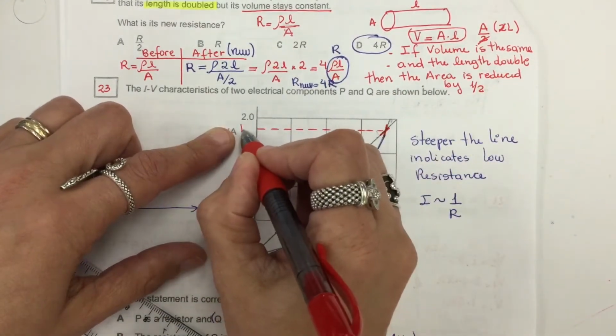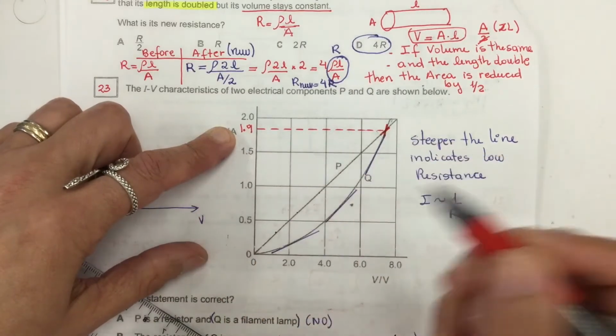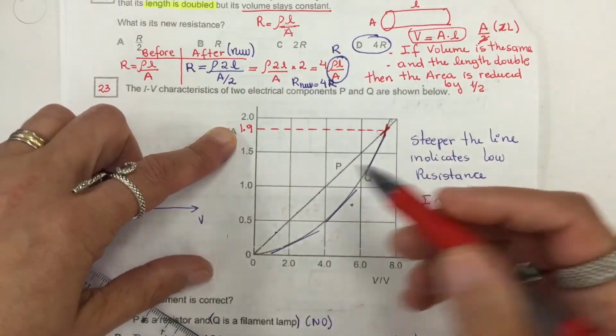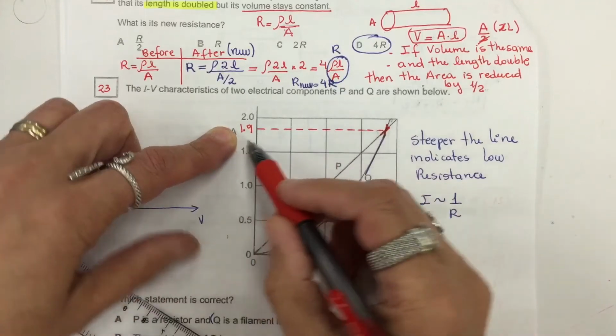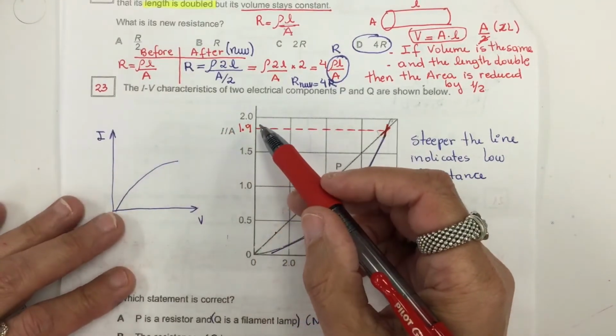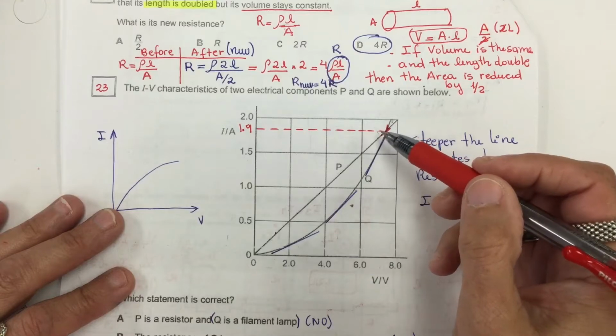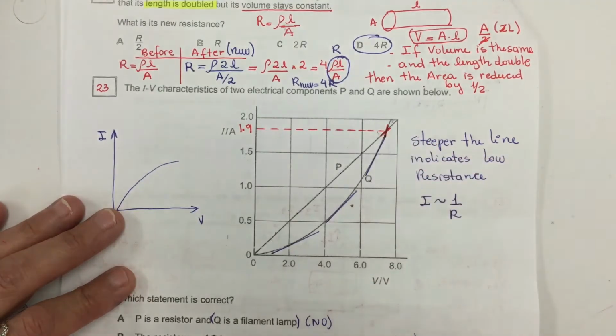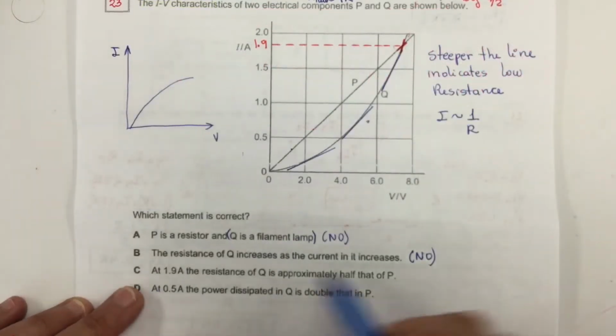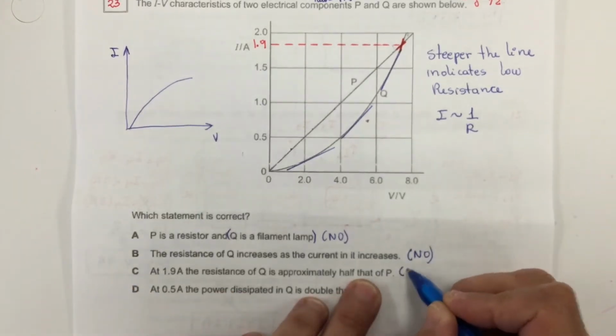Let's assume this is 1.9, like the option is talking about. So here at this current, the resistance of Q and P are the same, which makes this option incorrect.